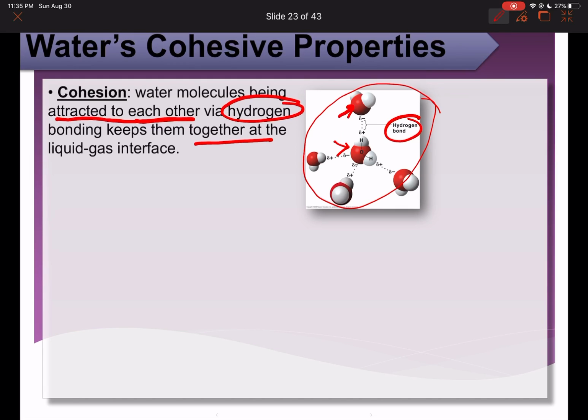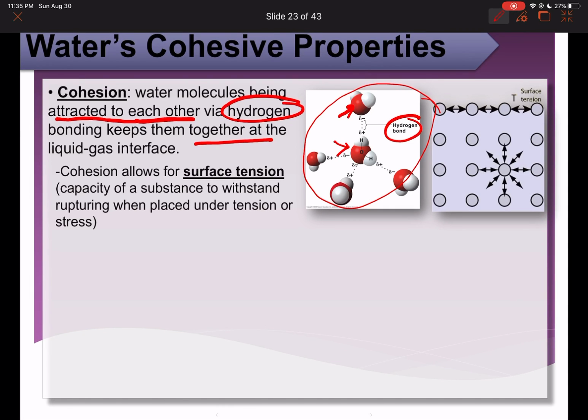So this cohesive property of water is what gives water its surface tension, which is the capacity of a substance to withstand rupturing when placed under tension or stress. This can be illustrated by what is going on in this particular picture right here. Imagine this is a container full of water molecules, and below the water surface, one water molecule interacts with multiple water molecules all around.